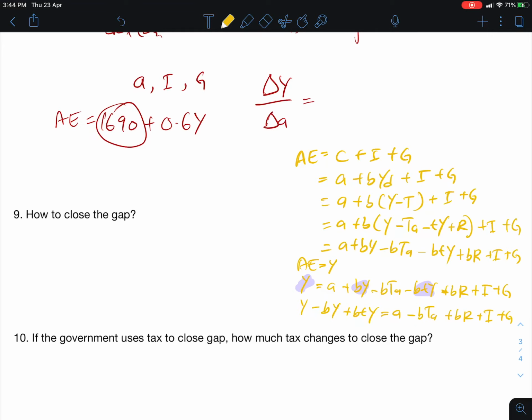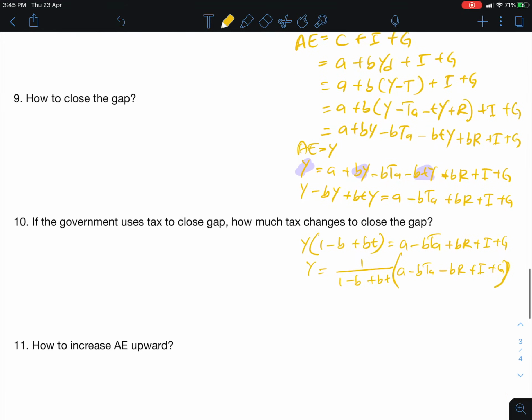Okay, so you have Y(1 minus B plus Bt) equal to A minus BTA plus BR plus I plus G. So Y is simply 1 over (1 minus B plus Bt) multiplied with the whole right hand side, A minus BTA plus BR plus I plus G. Okay, this summation gives you the AE multiplier.